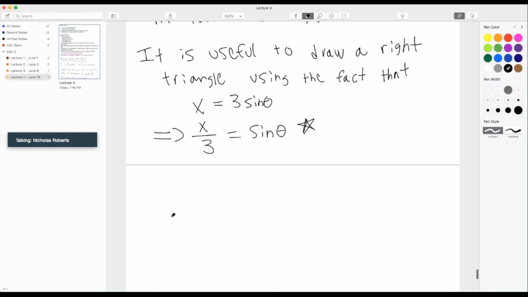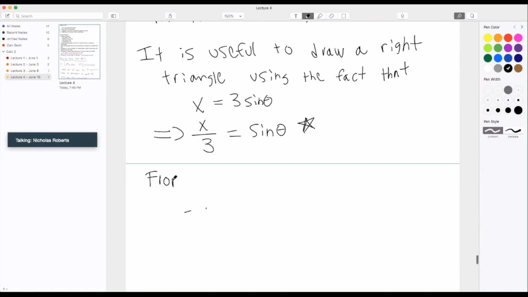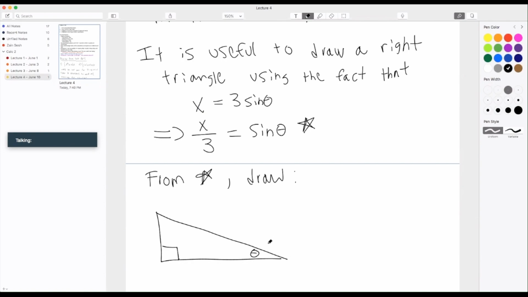So from star, what do we get? Well, let's get our right triangle, and make this theta. Remember, sine is opposite over hypotenuse, so I know that opposite will be x, and hypotenuse is 3.